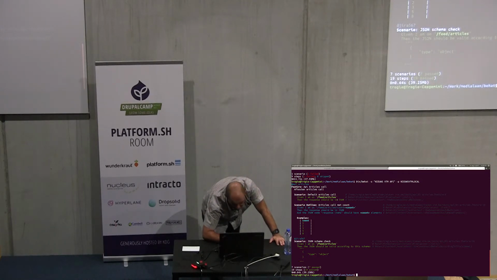And if your JSON is well formatted, of course this one will always succeed. This scenario was run 3 times. Feed articles count, and it checks a JSON schema, to make sure that your JSON did not change at all with your last updates and so on.